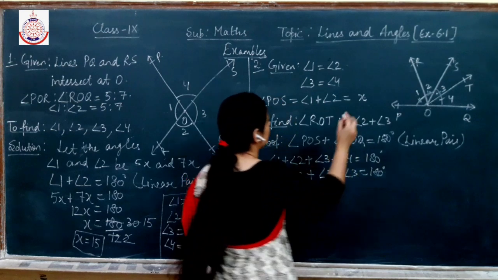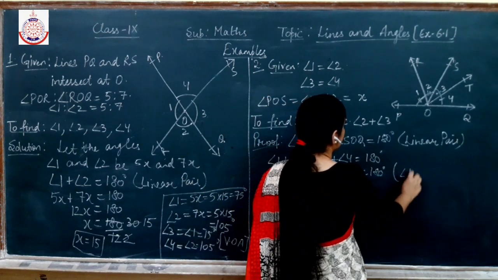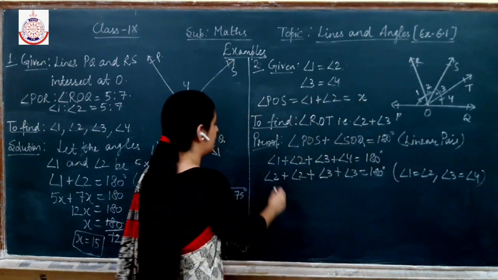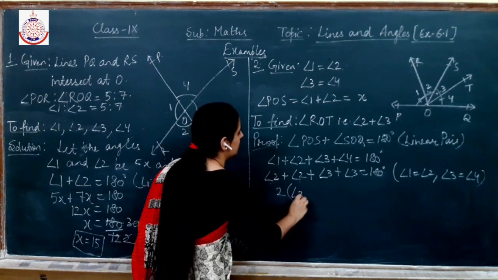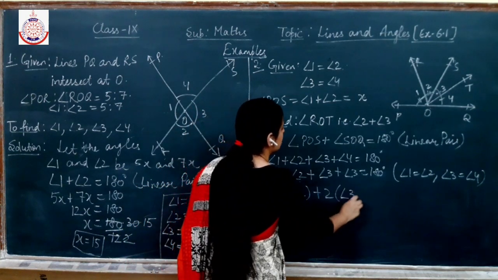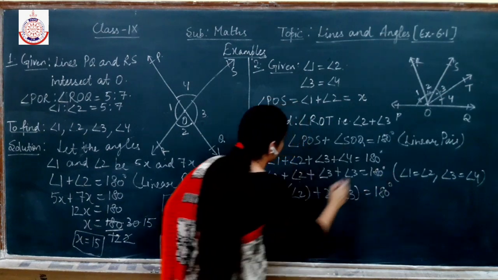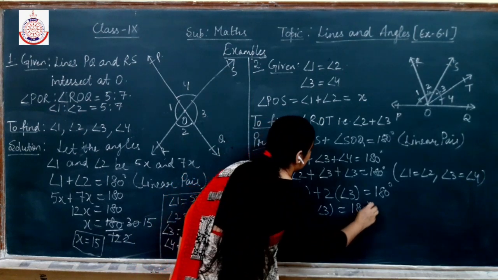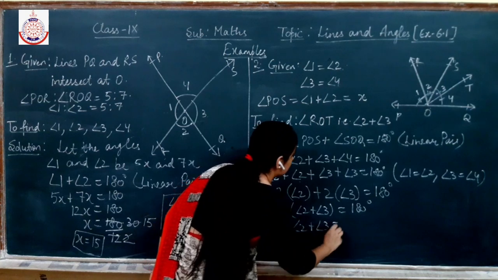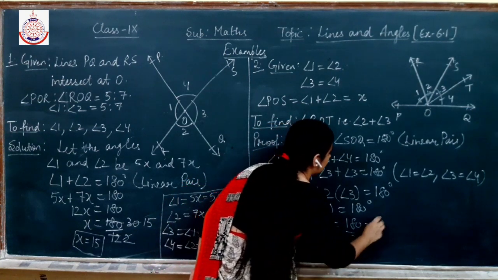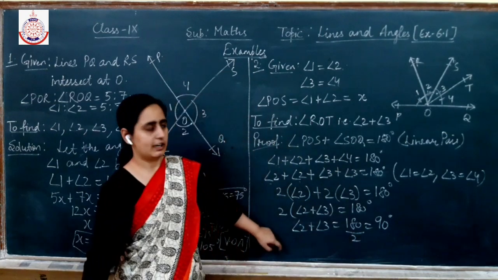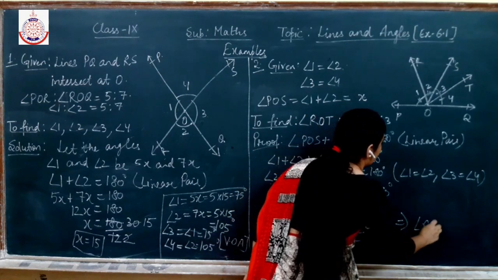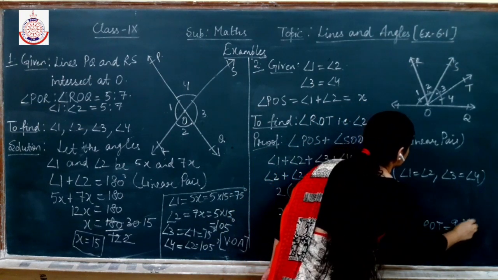So angle 2 plus angle 2 will become twice of angle 2, similarly twice of angle 3. If I take 2 common, it will become 2 times (angle 2 plus angle 3) is equal to 180 degree, and angle 2 plus angle 3 is equal to 180 by 2, that is 90 degree. This only we had to find out, that is ROT. So we can say this implies angle ROT is equal to 90 degree.